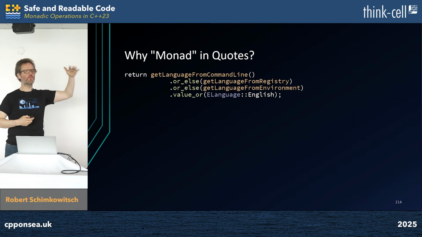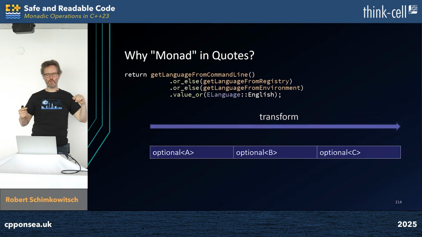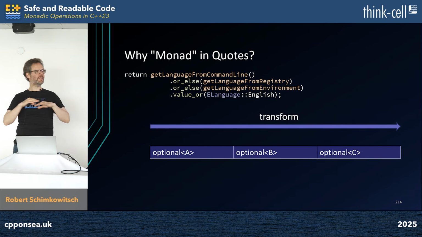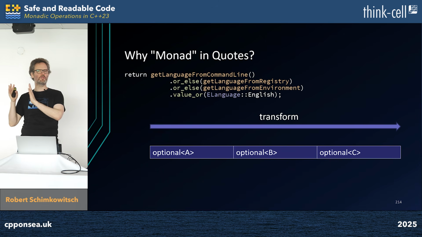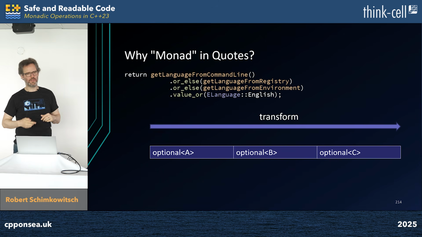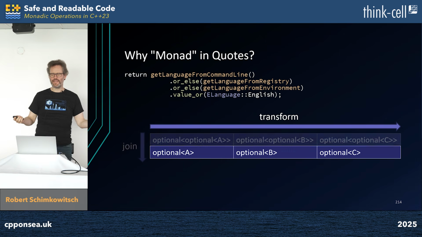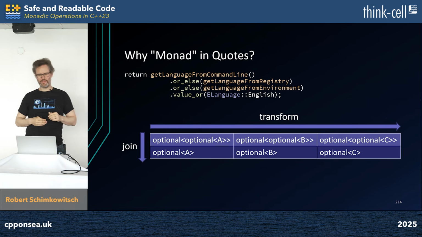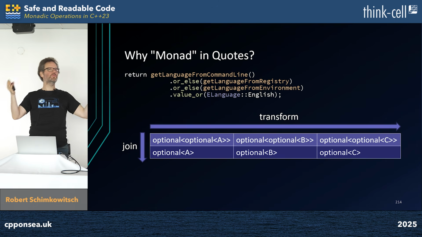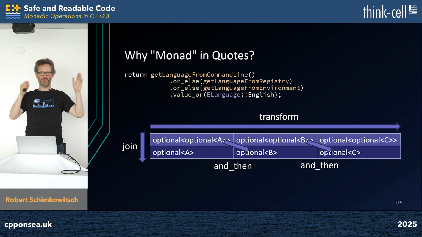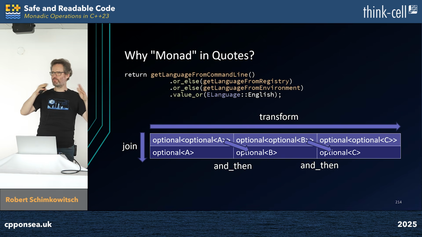I would go one step deeper and look first at the functor side, because our functor dimension is that we are able to transform optional of A to optional of B to optional of C. We can transform the types and the values. The monad dimension is that we can unwrap, like you said. So optional of optional of A to just optional of A. And as we have seen, the optional typically does not give us the separate function for that.